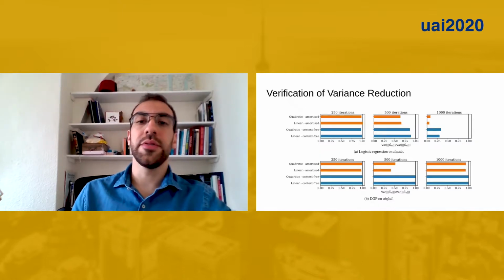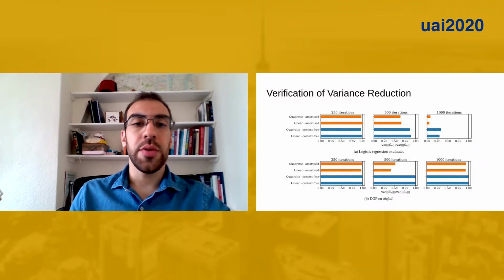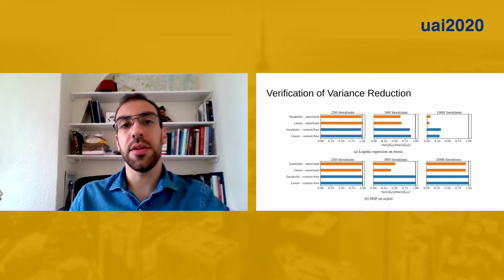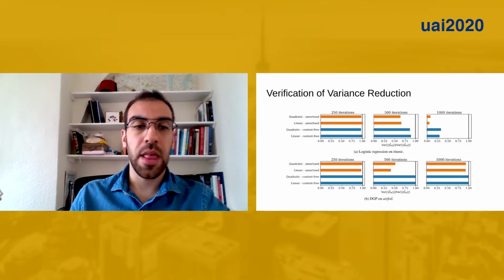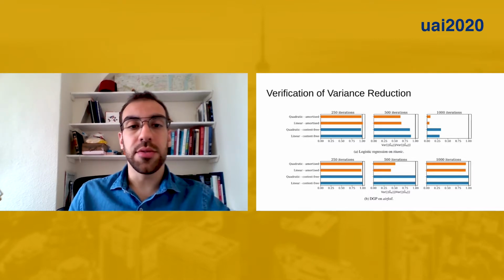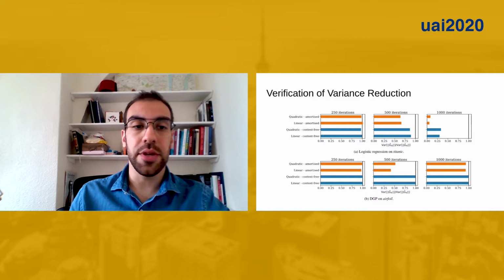To verify the variance reduction throughout the optimization, we take a snapshot of the gradient variances after 250 iterations, 500 iterations, and 1,000 iterations. We can see that the amortized control variates in orange are able to achieve higher variance reduction than the context-free one in blue.